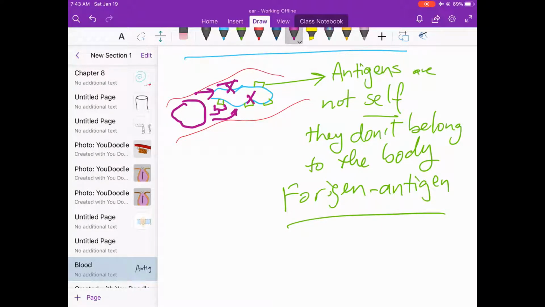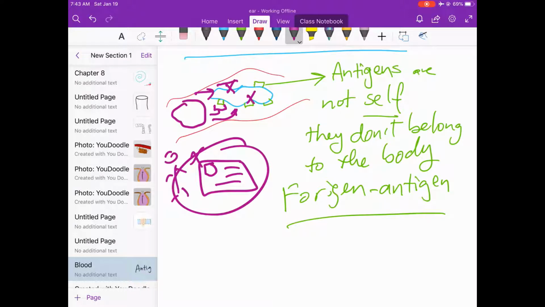It's exactly like you are in a company and you were asked by a security guy to present your ID, and you present your fake ID. So the security guy would know that this is fake and will arrest you, okay, or take you out.